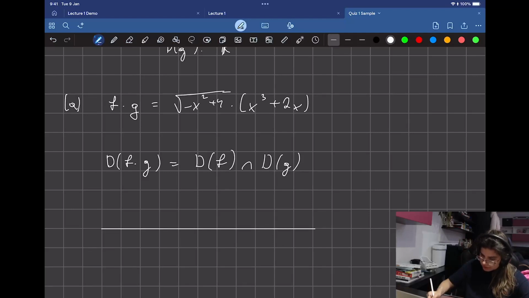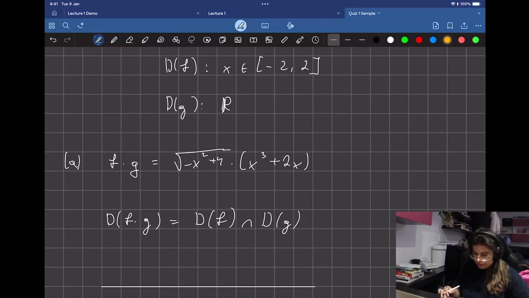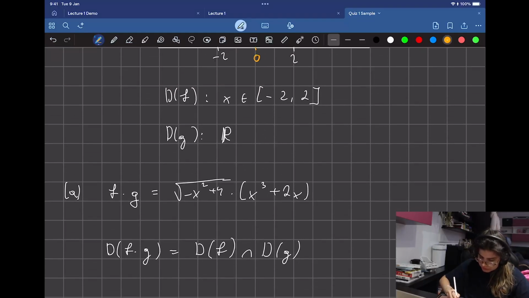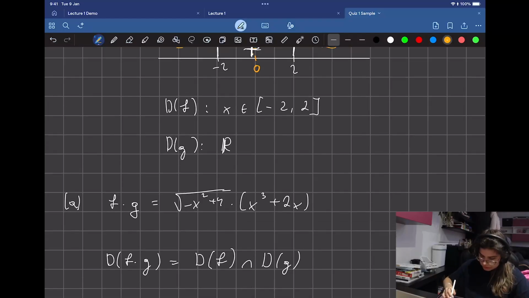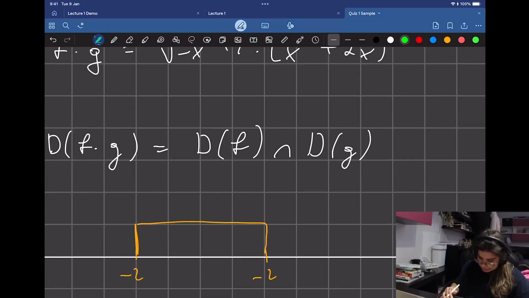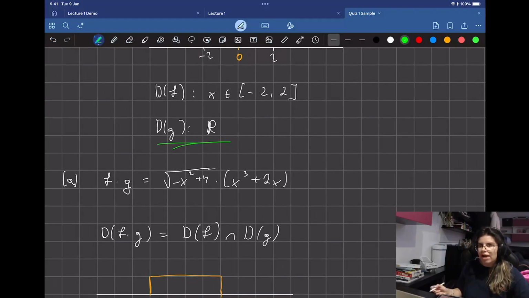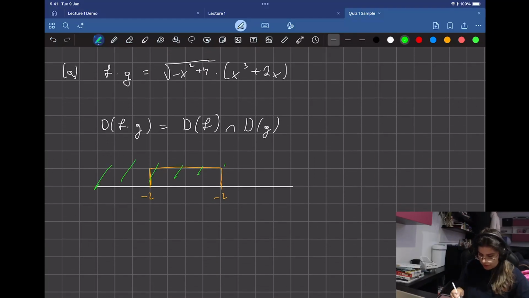And I just draw the 2 domains with different colors. So the first one was between minus 2 and 2, right? So let's say minus 2 is here, 2 is here. That's my first domain. And then for the second function, it was basically all values. It's basically the whole thing here, from minus infinity to infinity.